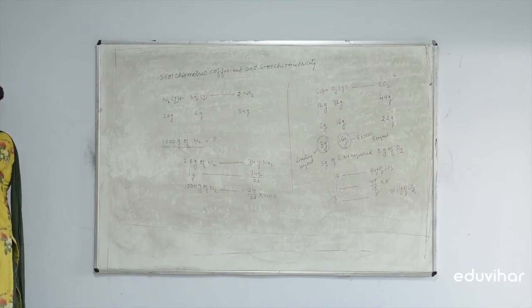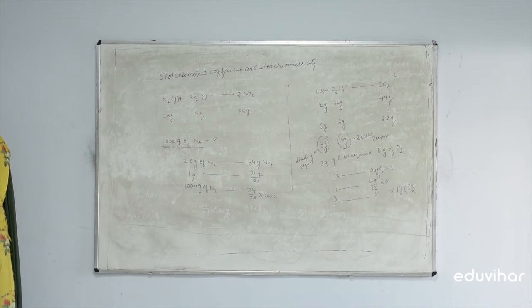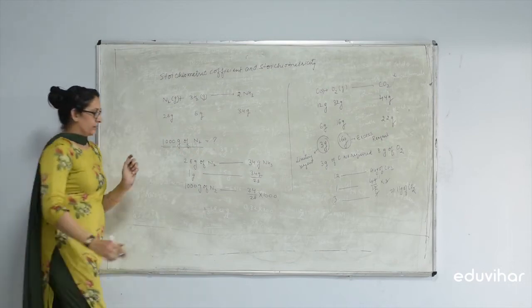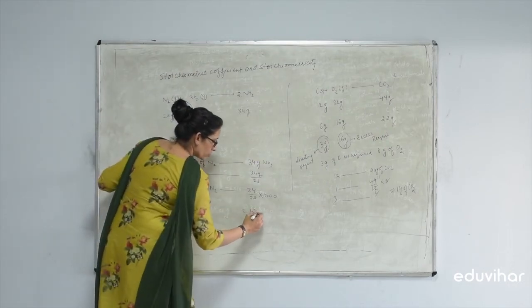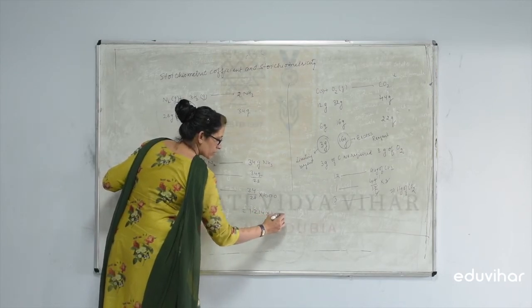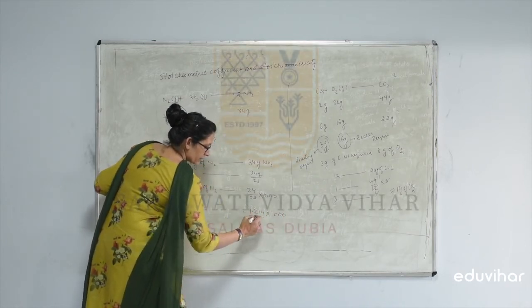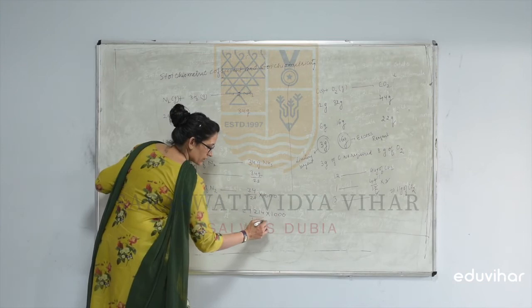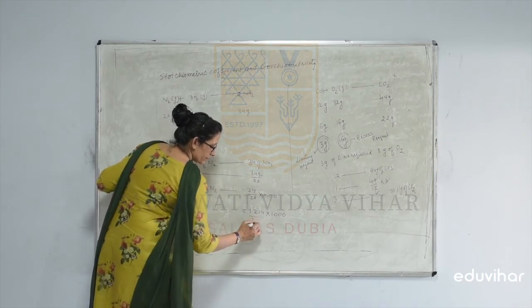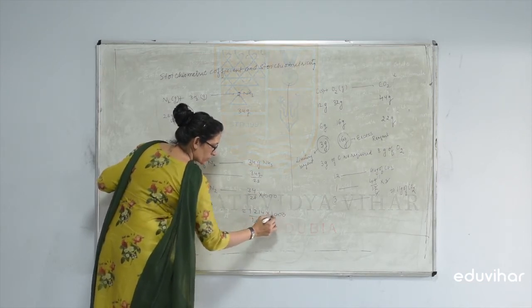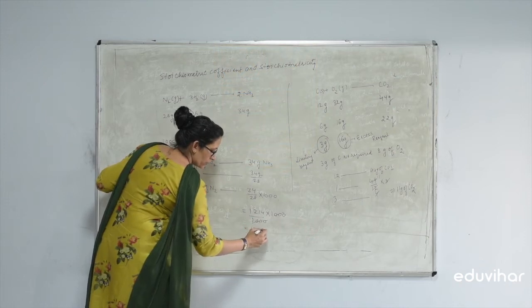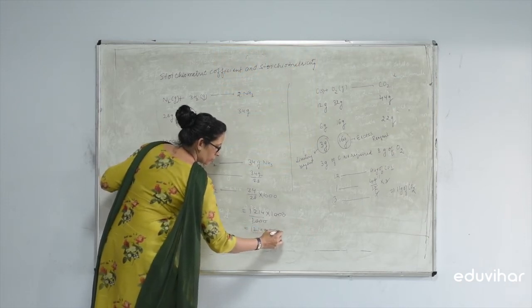For example, if we calculate this, 34 divided by 28, that is 1.214 multiplied by 1000. It means if we remove the point, this 1000 and 1000 cancel out, that is 1214 gram of ammonia.